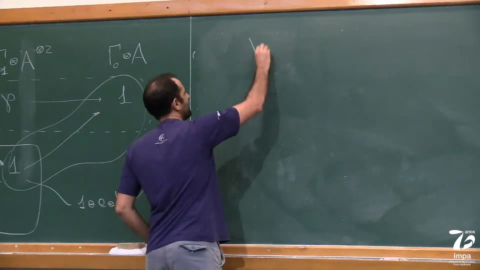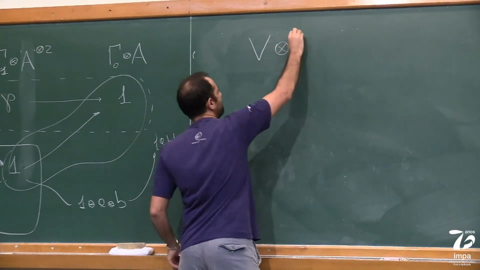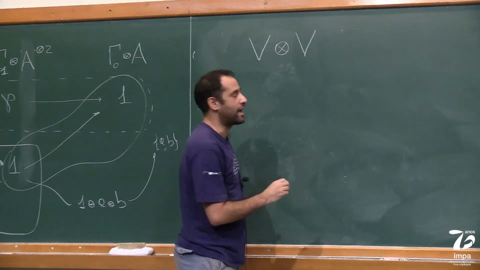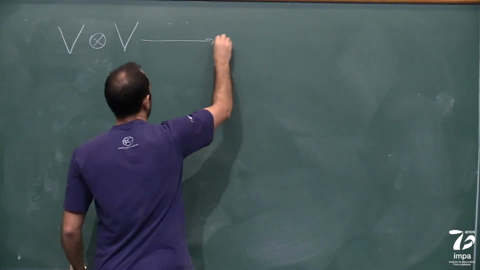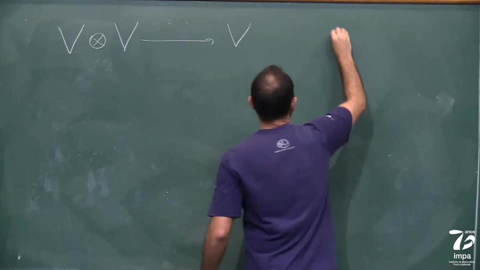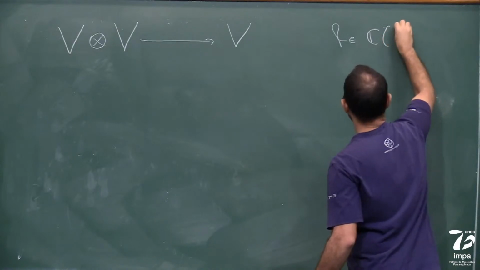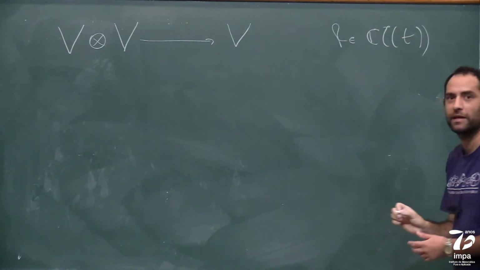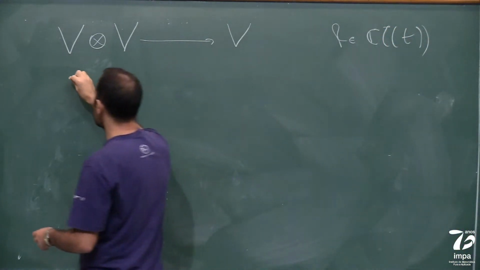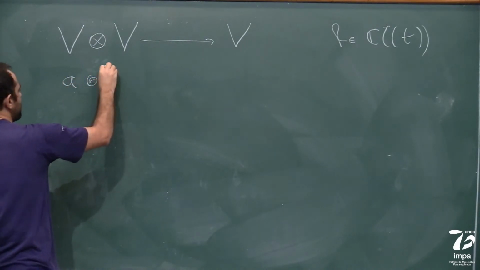But on a vertex algebra, so this is a nice little game. If you give me any function f, let's say just a Laurent series, like this, you can define a bilinear operation. Let's call it the f product.